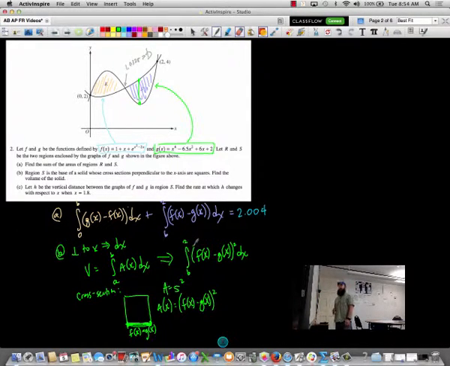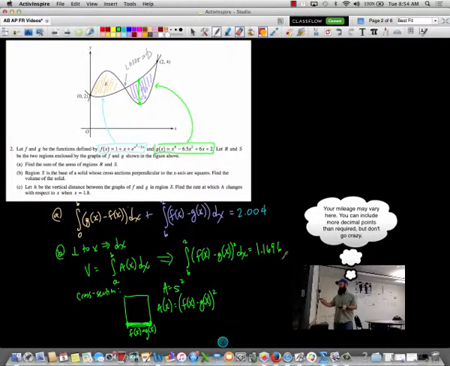Now I would find the integral using my calculator. I did that already, and I got 1.1696. I don't like rounding where I have to change several decimal places, so I'm just going to leave the extra decimal place on there.